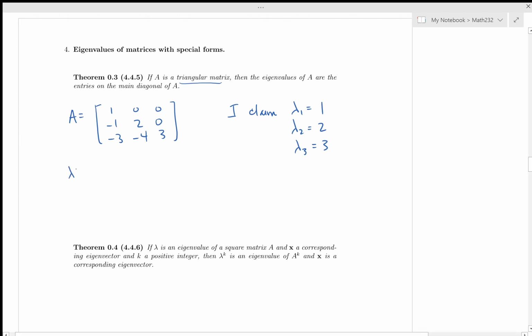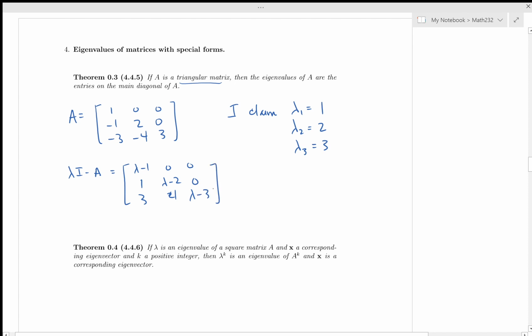This time, let me do that. I can take lambda I minus A. That will be equal to this: lambda minus 1, 0, 0, and then 1, lambda minus 2, 0, and then 3, 4, and lambda minus 3.